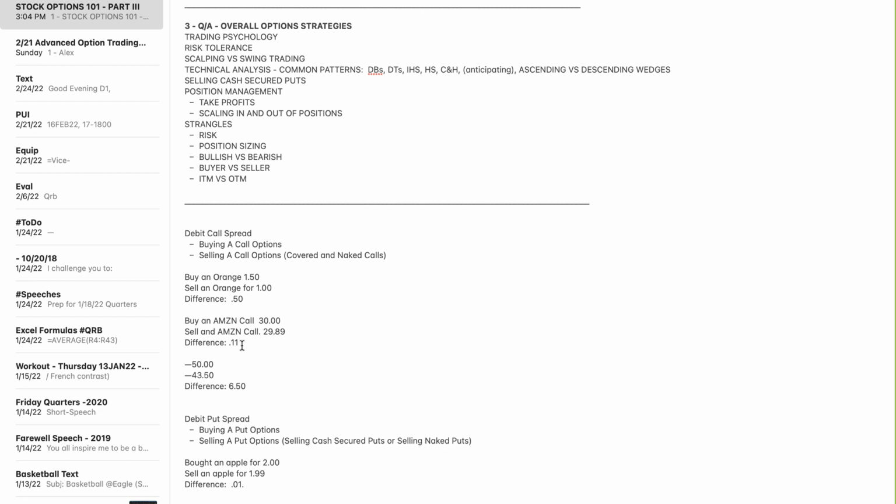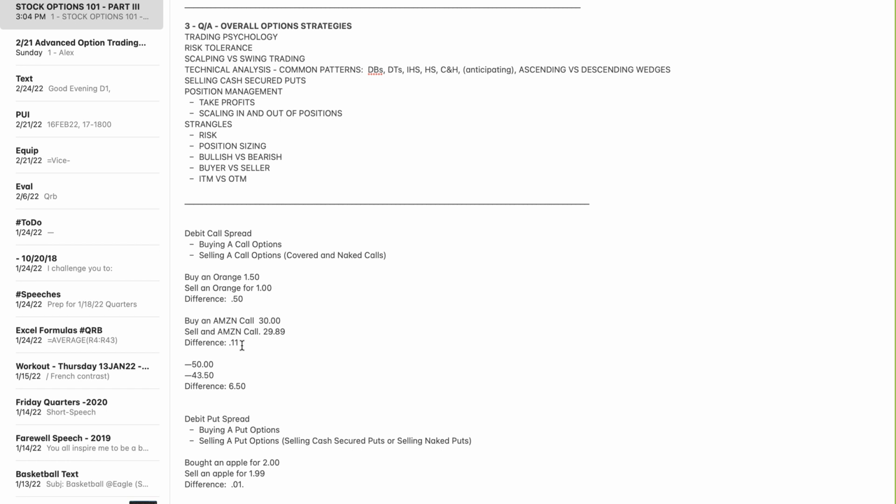One of the main things that make debit call spreads and debit put spreads attractive is that they're more accessible to retail traders, and when it's cheaper to get a seat at the table, it also offers you more ways to mitigate your risk.